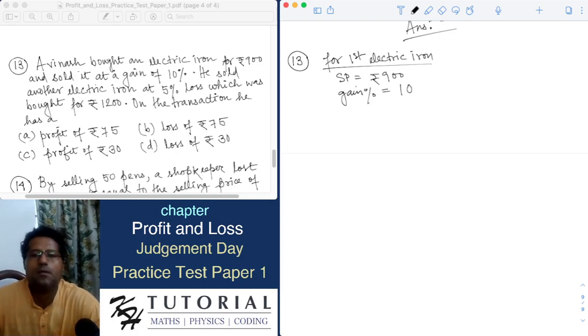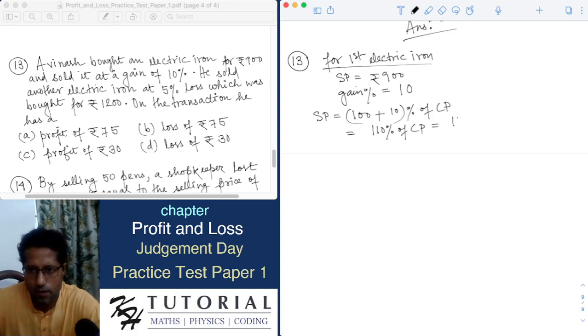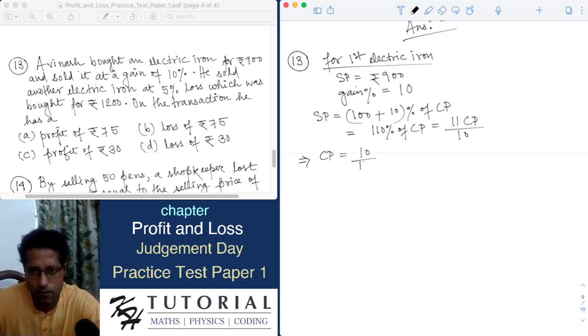We know that selling price is equal to 100 plus the gain percent, that is 10, this much percentage of CP. This is equal to 110% of CP. So this implies CP for the first iron is equal to 10 by 11 into SP.